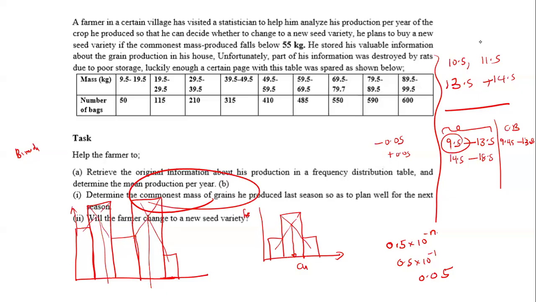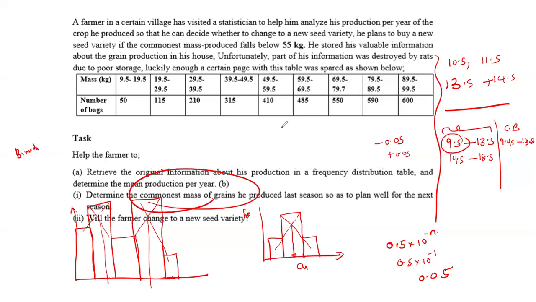So let me first share my screen again. When it is the upper 10%, the easiest thing to use to estimate those percentages is the cumulative frequency curve.